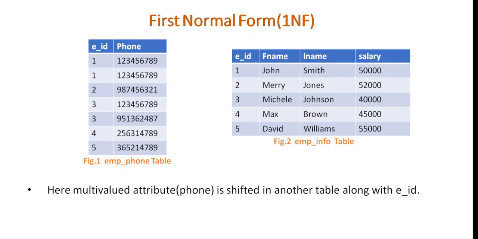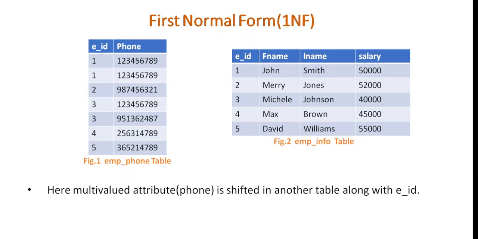So this employee phone table, figure number 1, is in first normal form because it has atomic values for both attributes, and there is no composite attribute.